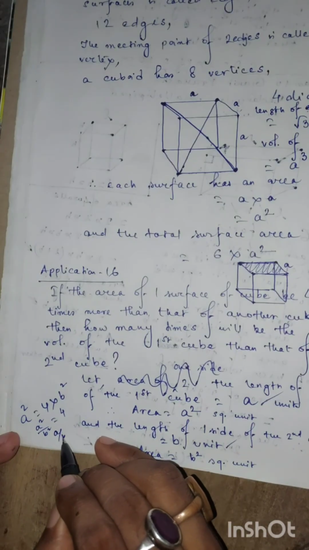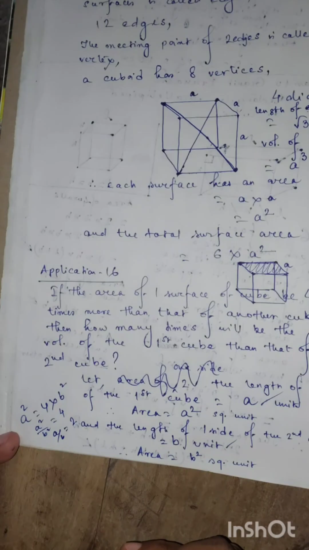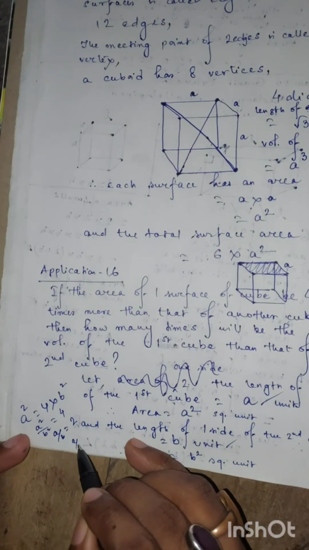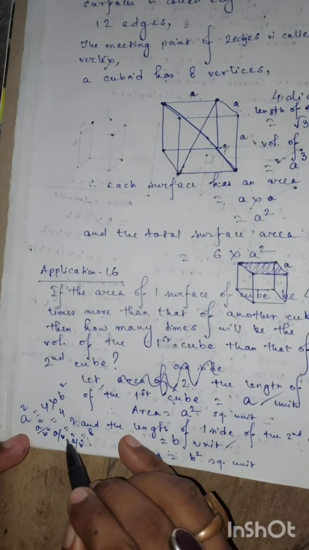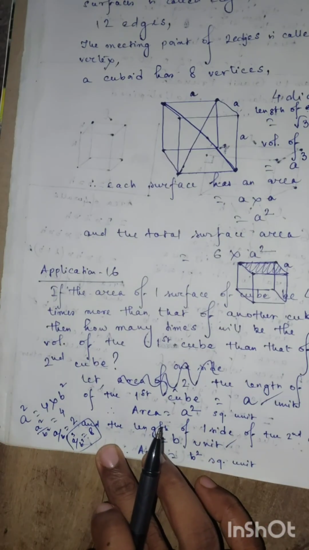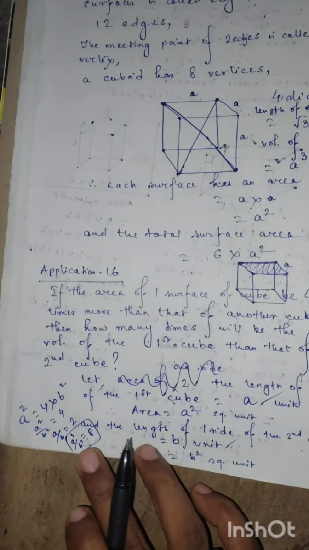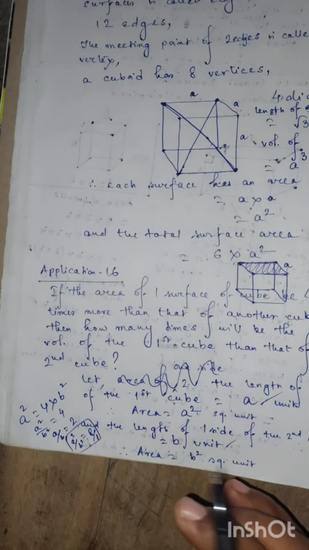So a by b is equal to 2, and a cube by b cube is equal to 8. This is actually the ratio of the volumes of two cubes. So we can say this is 8 by 1.